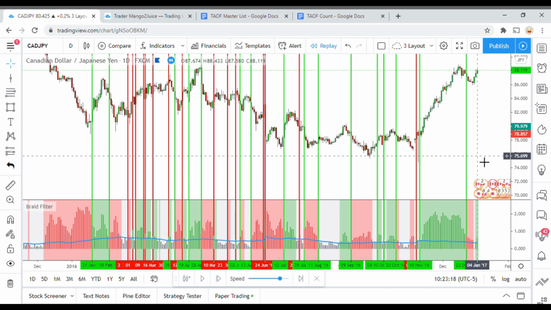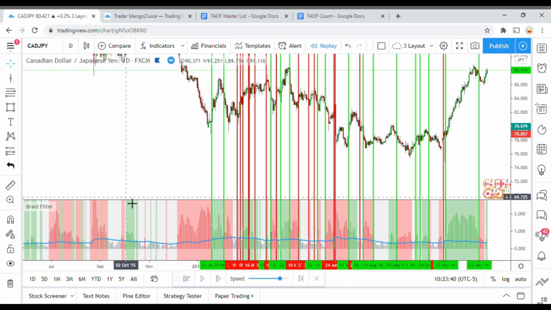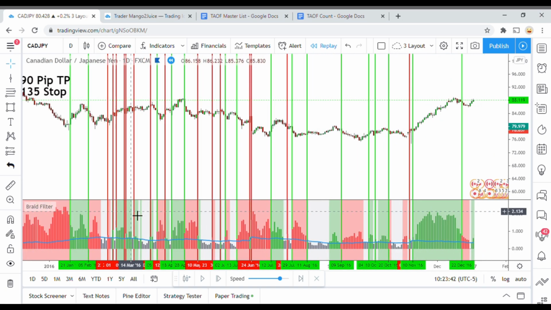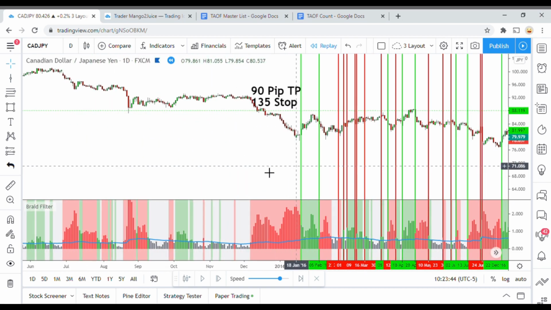So 31 trades all together, and we have 16 winning trades. And so unfortunately, that is not going to meet the 60% criteria. Definitely fell a little short.